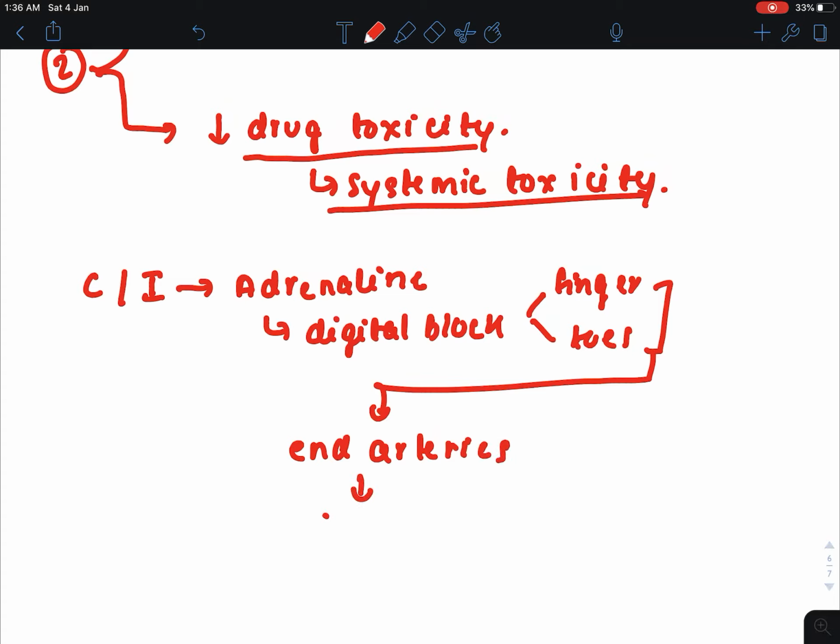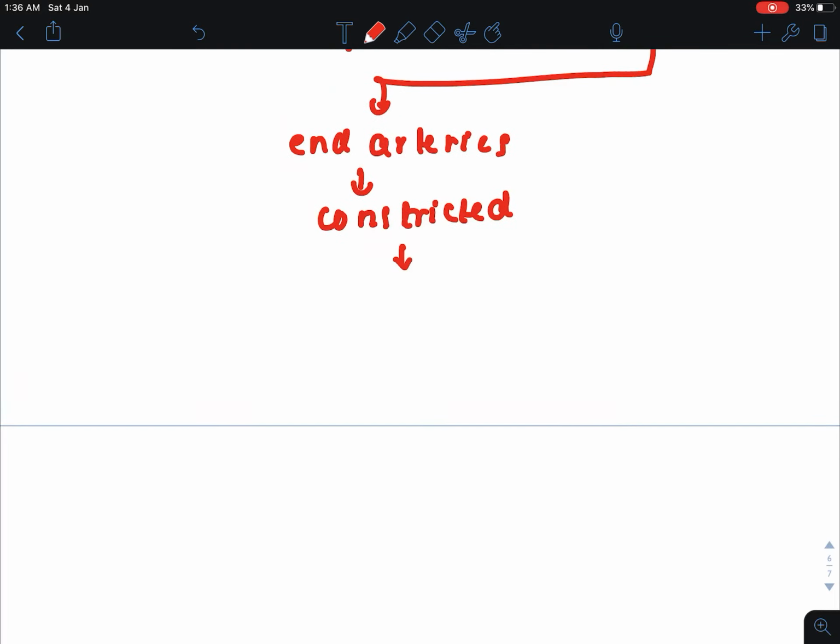When end arteries get constricted, ischemia can occur, and ultimately ischemia can lead to necrosis.